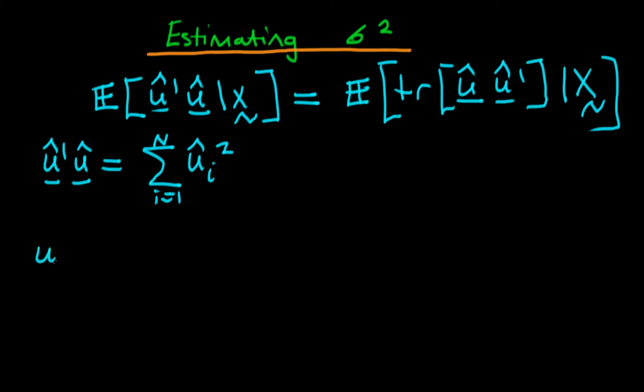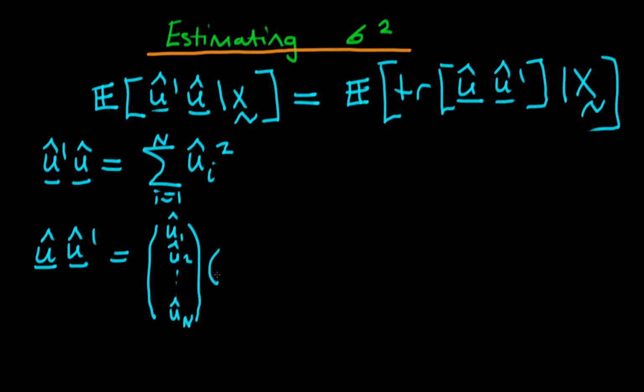So if we write down u hat times u hat primed, then writing it out in vector form, this is u hat 1, u hat 2, all the way through to u hat n, and then we're multiplying that by the transpose of the vector, which is just going to be u hat 1, all the way through to u hat n. Okay, so what happens when you multiply these two things out?